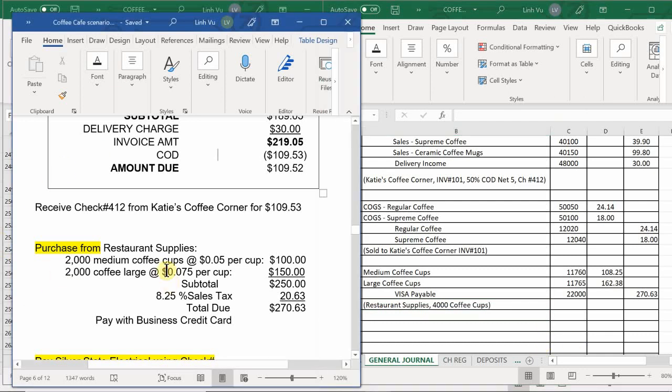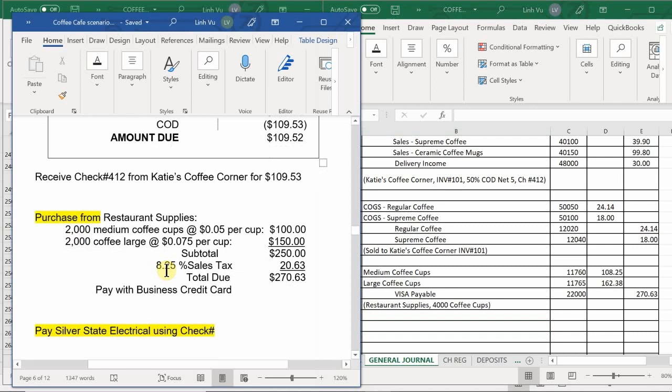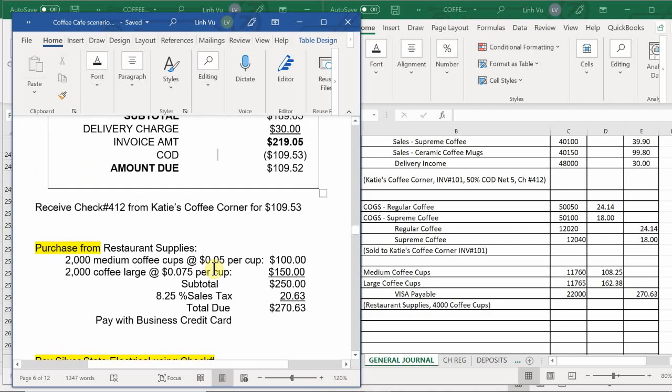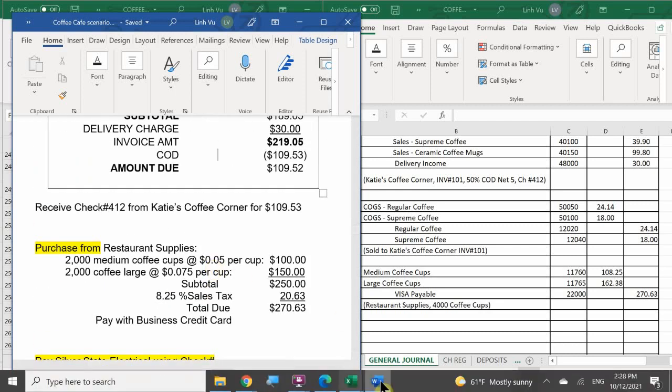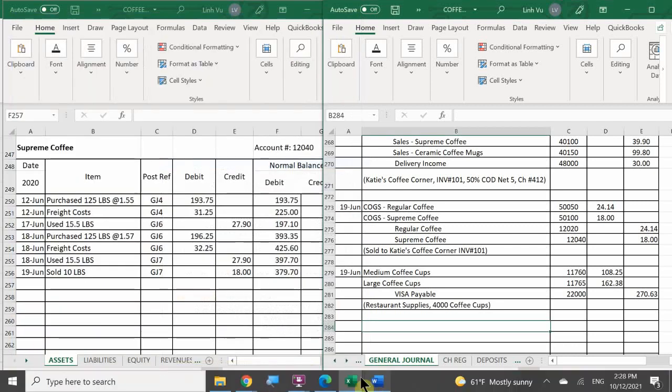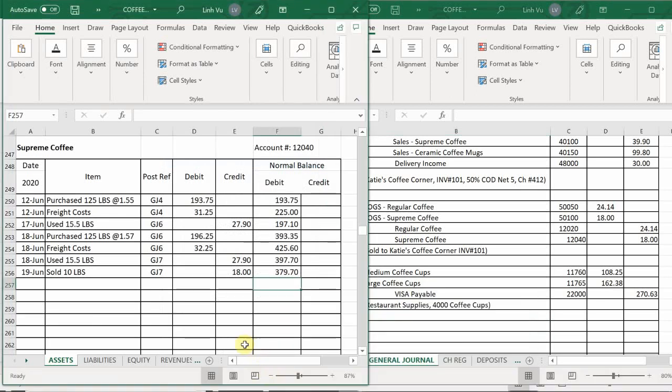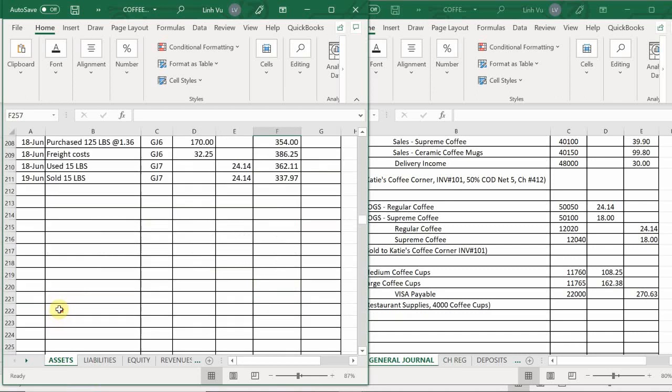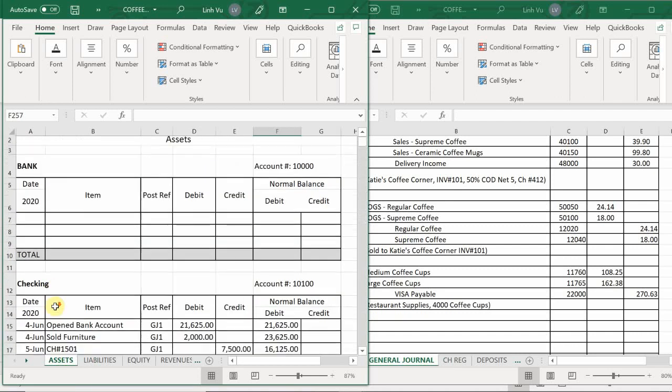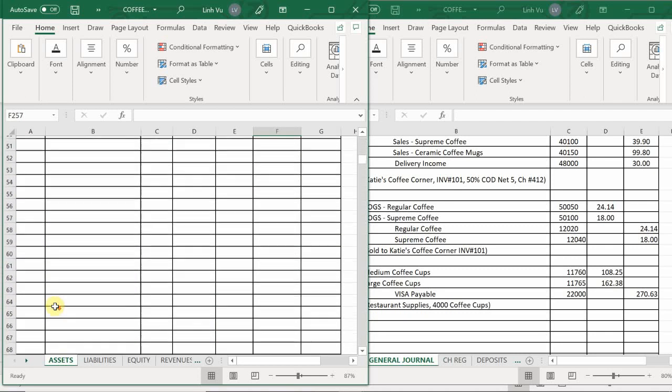That's all. So we go into the ledger. Okay.